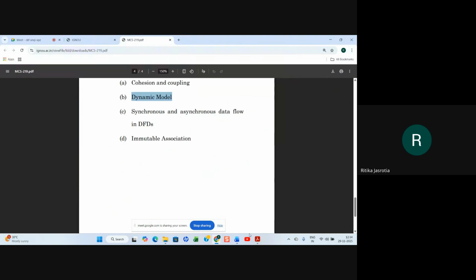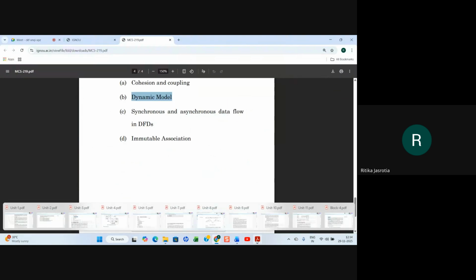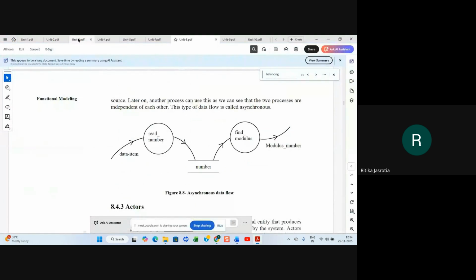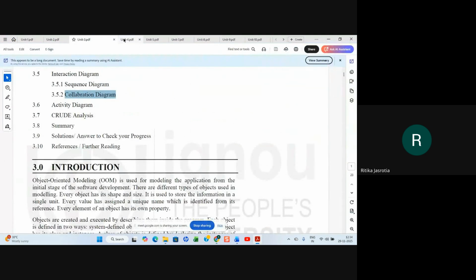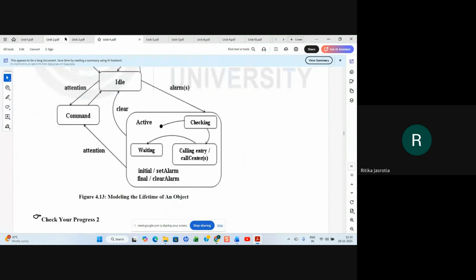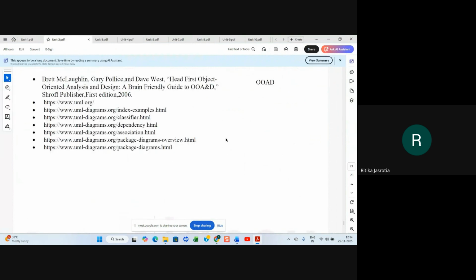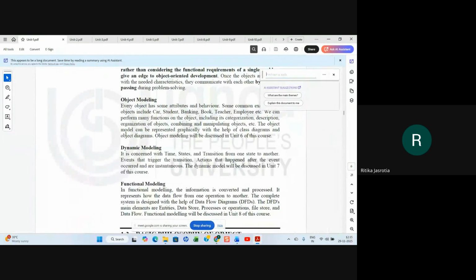Then immutable associations are also there. I don't know whether it is here. Not here, immutable. It is not in this also.